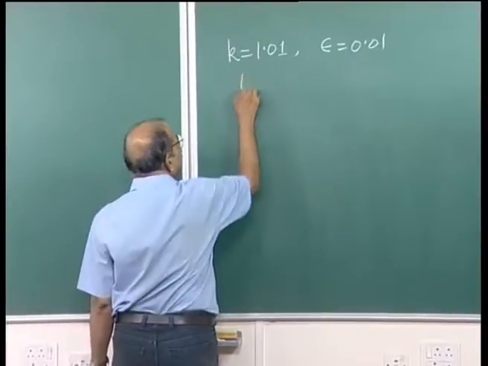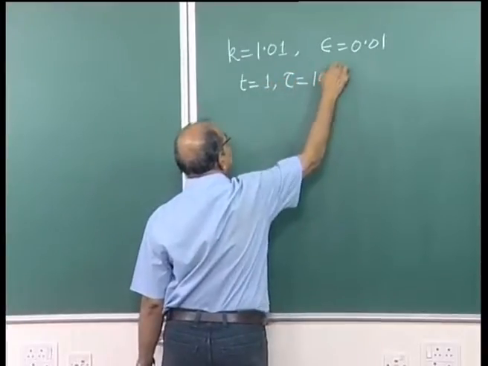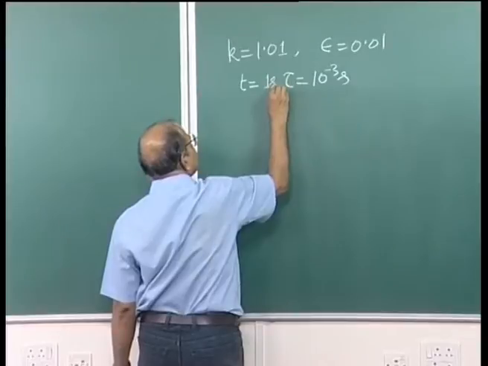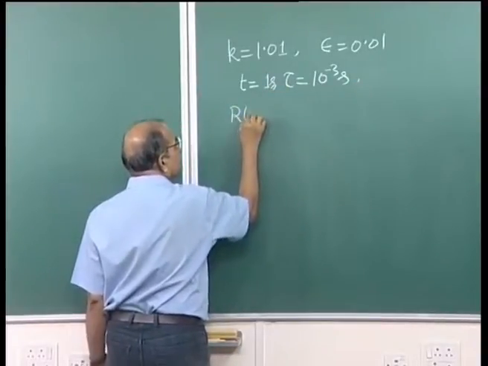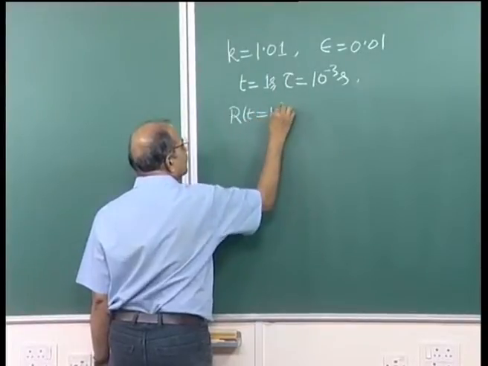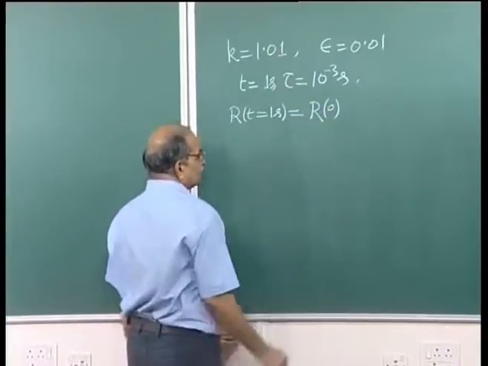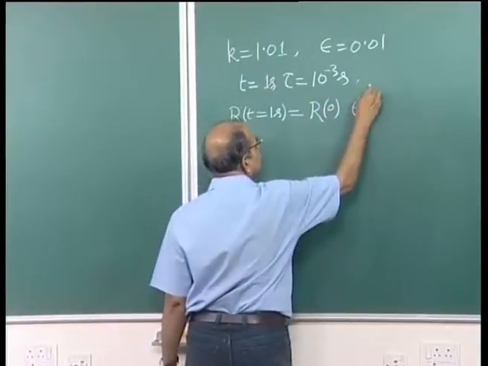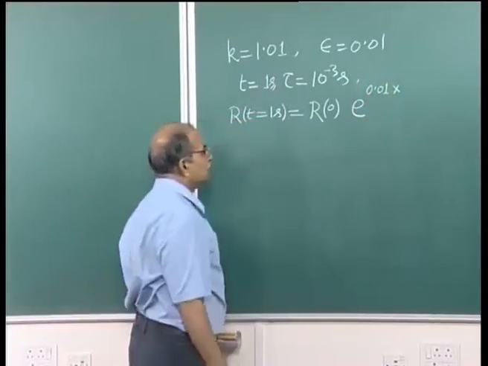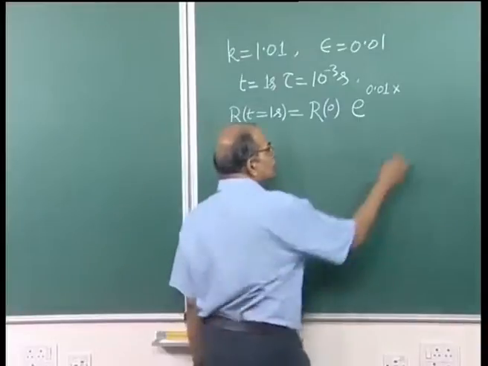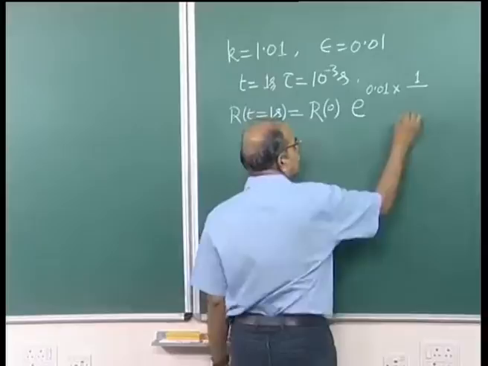So, in 1 second, if t is 1 second and tau is 10 to the minus 3 second, then R at t equal to 1 second will be equal to R at 0 times e to the power epsilon, which is 0.01, multiplied by t by tau, that is 1 second divided by tau, 10 to the power minus 3.